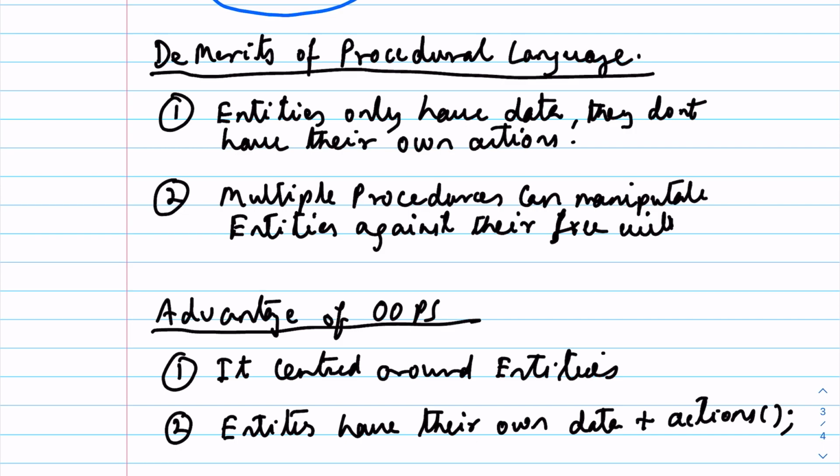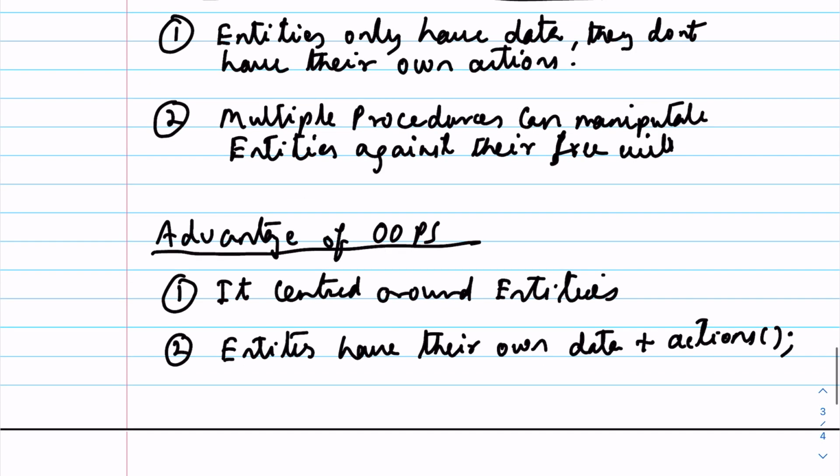In procedures the entities have their own data only. So in object oriented programming, entities have their own data and actions, and this data and actions are very tightly coupled together.